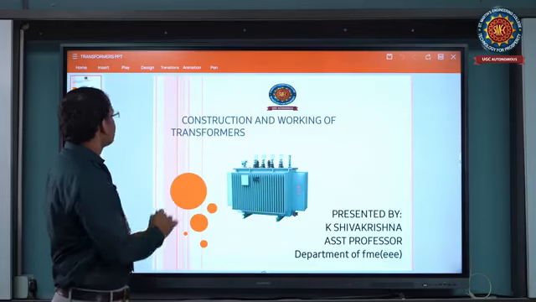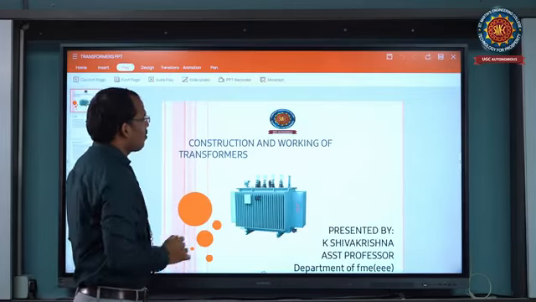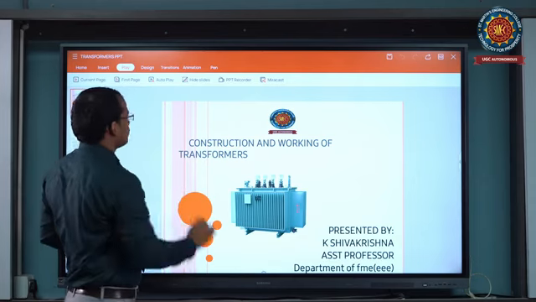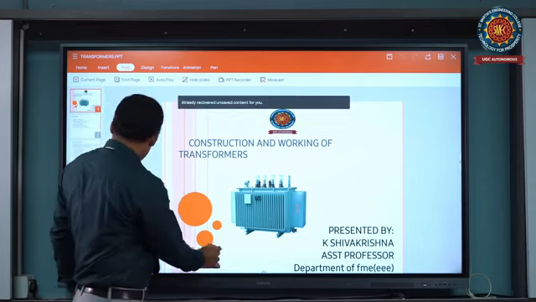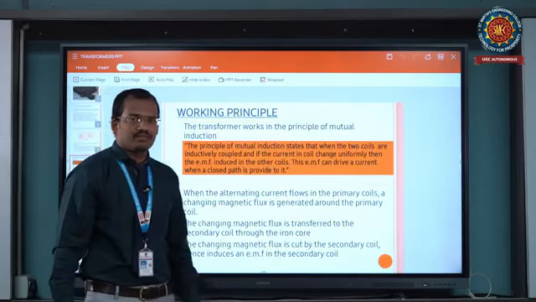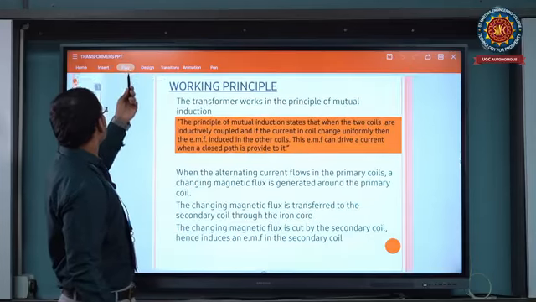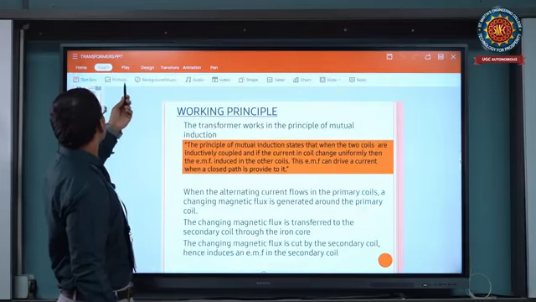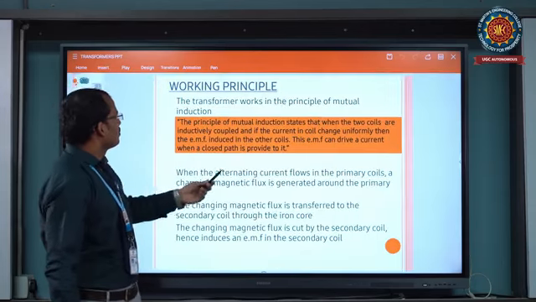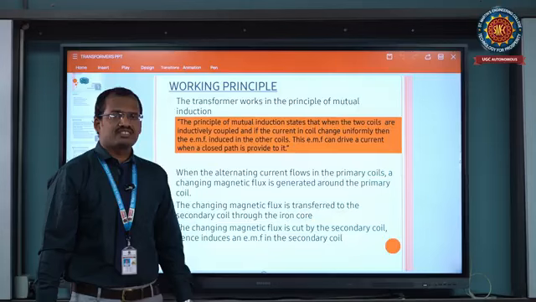Next is the working principle of the transformer, the mutual induction principle.